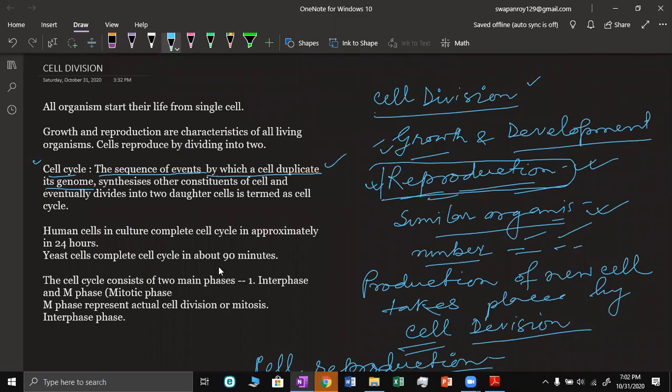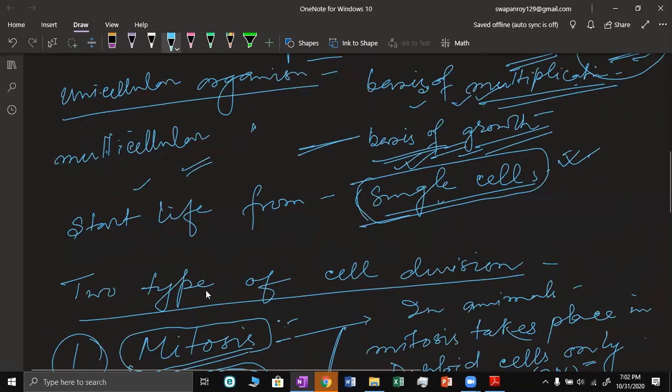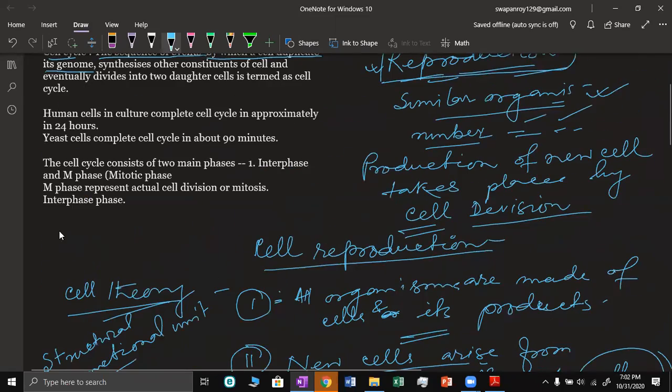Genome is the total genetic material in a cell. So it is all the genes in one set of chromosomes.